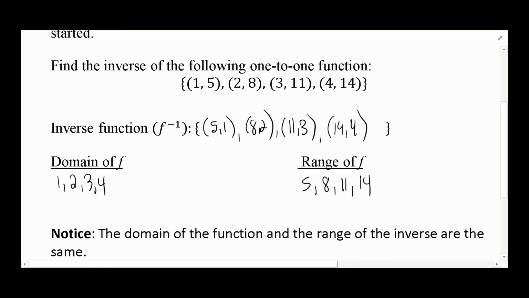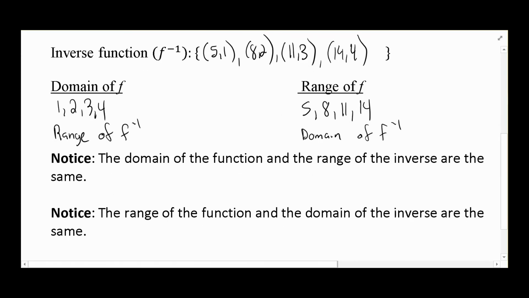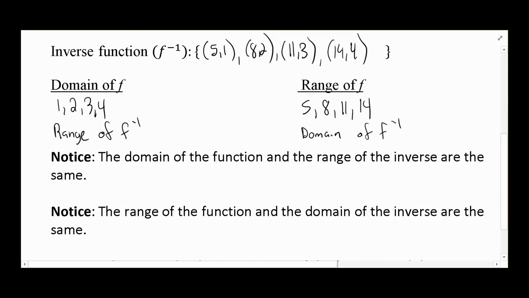But notice that 1, 2, 3, and 4 are the range of f inverse. 5, 8, 11, 14 are the x values, or the domain of f inverse. And that's exactly what we saw in the original picture with the blobs: the domain of the function and the range of the inverse are the same. Similarly, the range of the function and the domain of the inverse are the same.